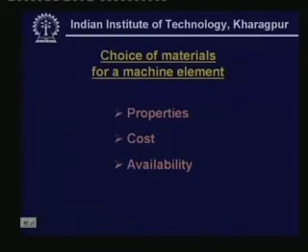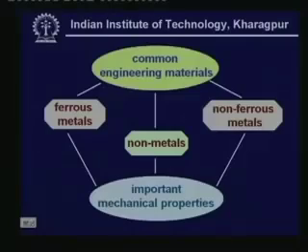So to summarize this idea, we have to choose a proper material for machine design, looking into the aspects of properties, costs and availability. Next, you can look at this particular slide, which defines common engineering materials.